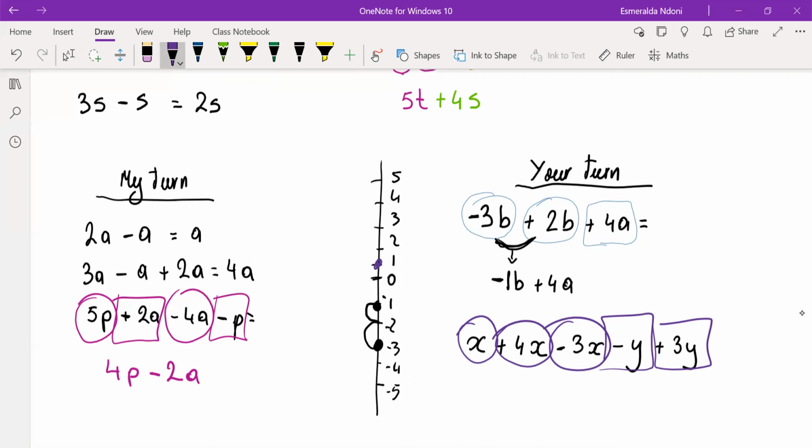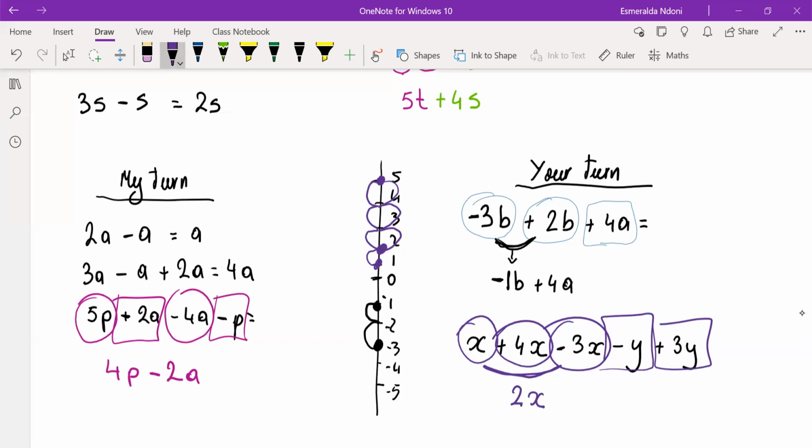And then I need to add 4. So to add, I go up 1, 2, 3, 4. Okay, I landed at 5. Now I need to go down 3. 1, 2, 3. I landed at 2. So these 3 together, when I added them, gave me 2x.